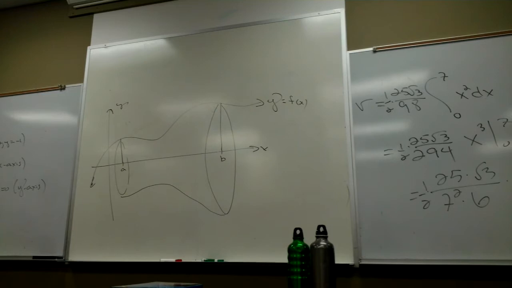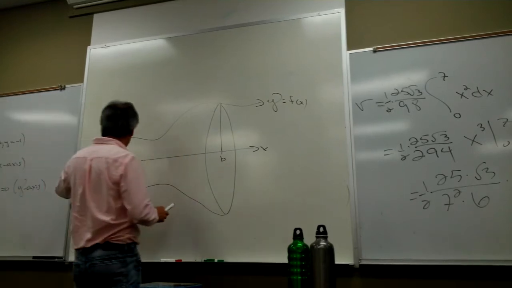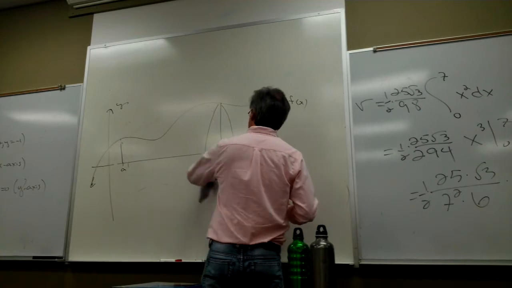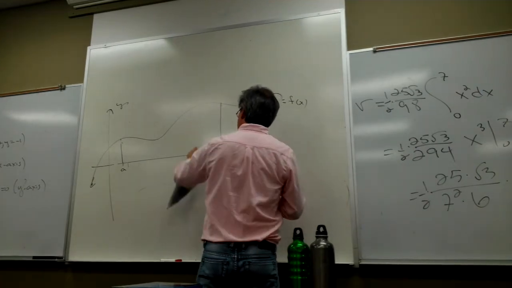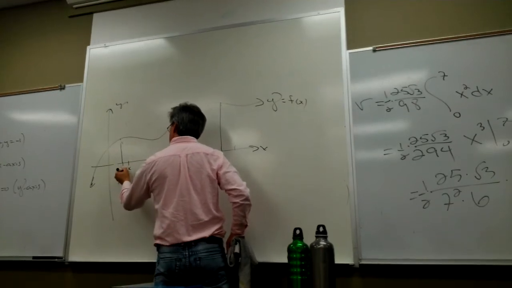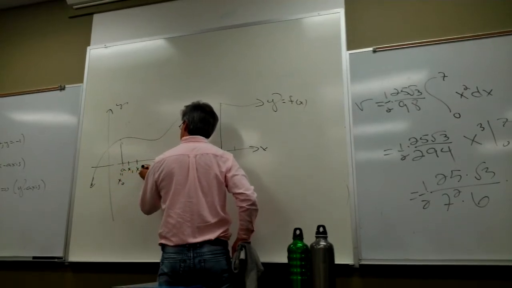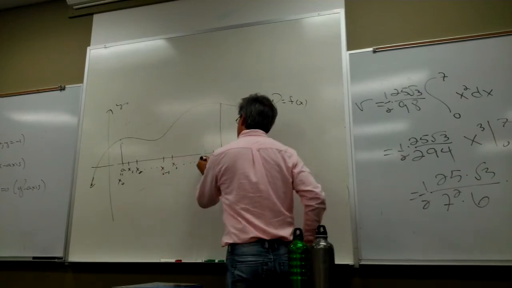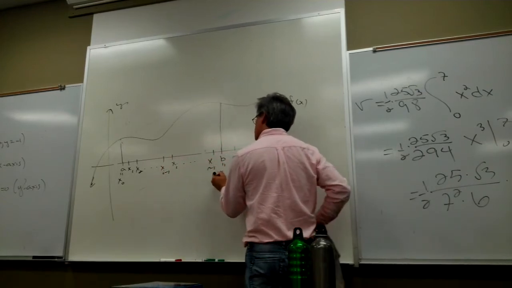So can I erase my three-dimensional object? Go back into lower two-dimensional space. And if you allow me to do that, then like I said earlier, if I subdivide the interval from A to B into n subintervals of equal length, I think here's where they are. Here's an arbitrary i-th subinterval, and here's my last subinterval.